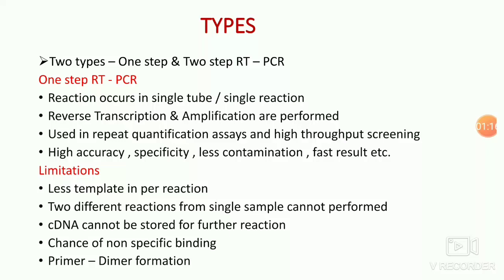So, cDNA cannot be stored for further reactions. Here, sequence-specific primers are usually used and the reaction is in a single step. So, there is a chance of non-specific binding and primer-dimer formation will be more. These are some of the limitations of using one-step RT-PCR.